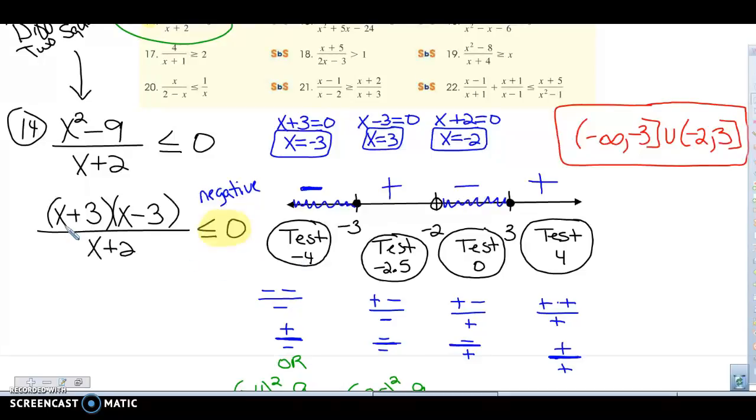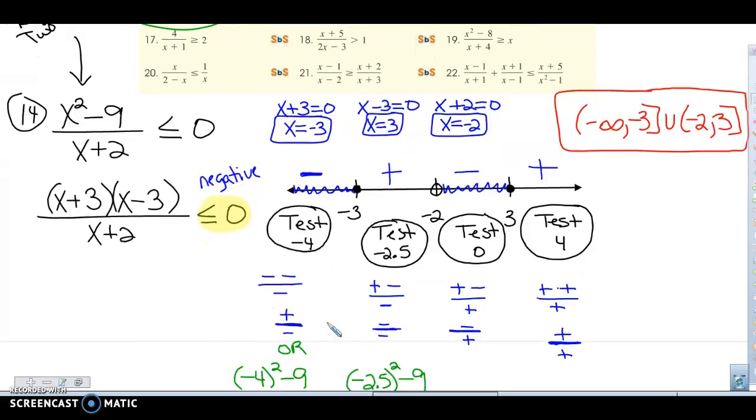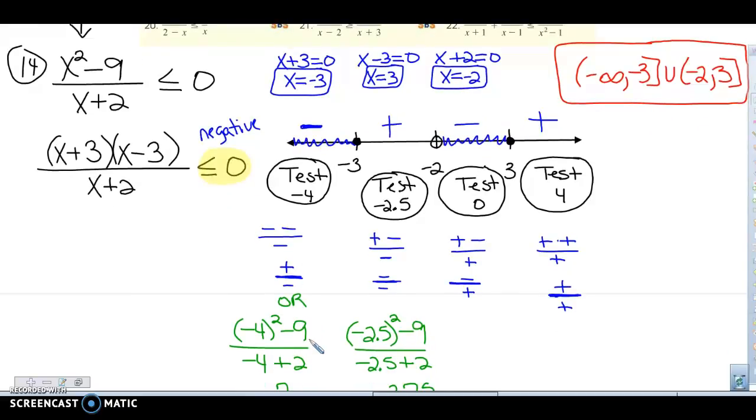So for example, negative 4 plus 3 would be a negative number. So I just put a negative sign. Negative 4 minus 3 would be a negative number. Negative 4 plus 2 would be a negative number. So negative times negative on the top would give me positive. Negative on the bottom, positive divided by negative would give me a negative solution.